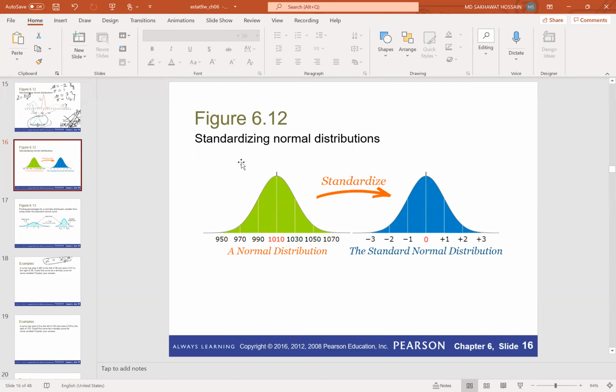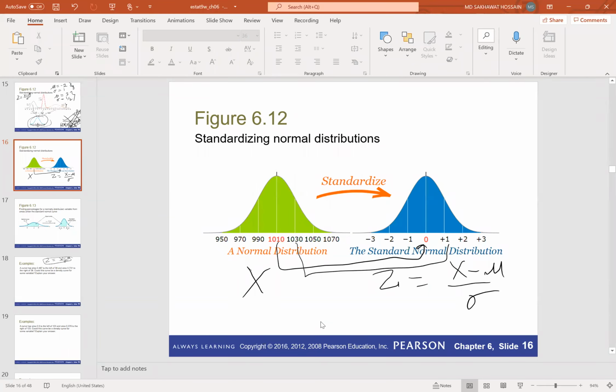Okay, so this is also standardizing a normal distribution. It was our original normal distribution x, and this is after standardization, x minus mu over sigma. You can see here the mean became 0. Then this is one standard deviation above the mean, so it became 1. This one became 2, this one became 3. You can see that all the probabilities or all the observations are between -3 and 3.